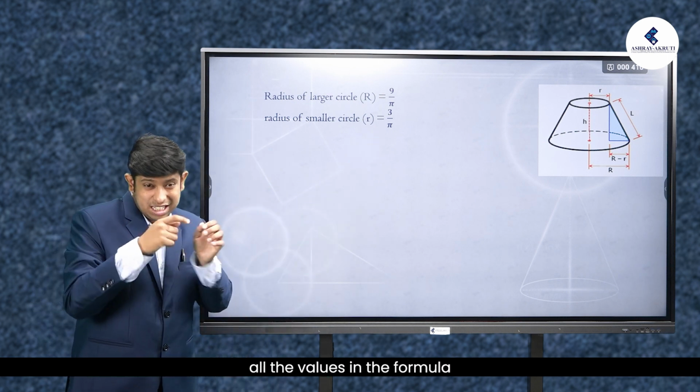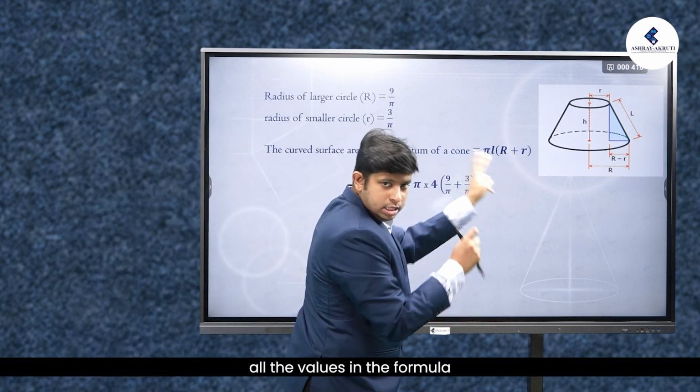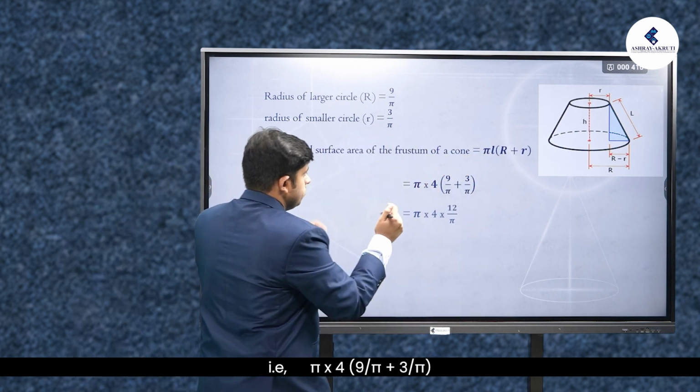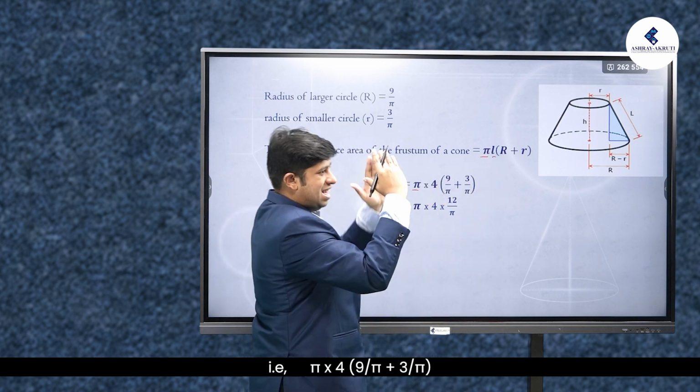Now substitute all the values in the formula. That is pi into 4 into (9 by pi plus 3 by pi).